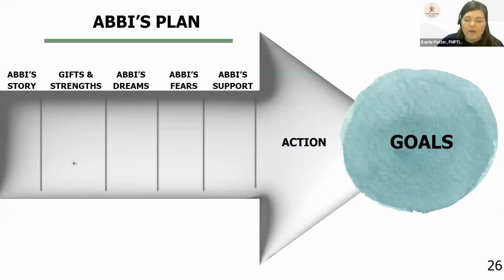And this is where having a team around that person that the plan's for can really help, because sometimes we all may be able to say, these are the things I struggle with, but it may be more difficult to say, these are the things I'm good at. For some reason, that seems hard for a lot of us. So identifying those gifts and strengths and putting them here.